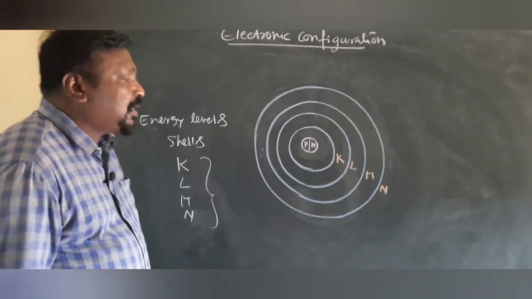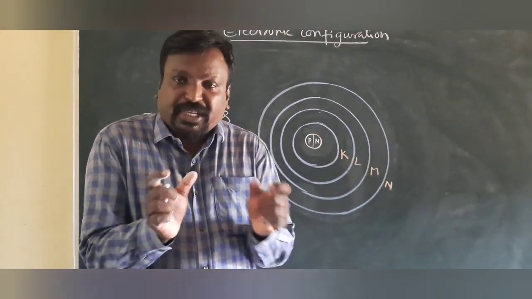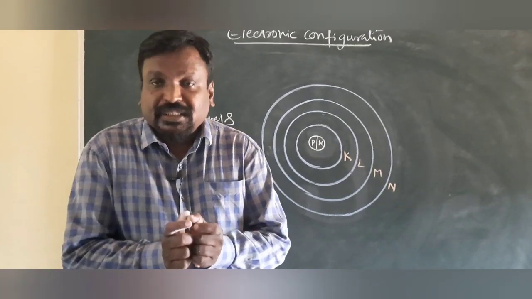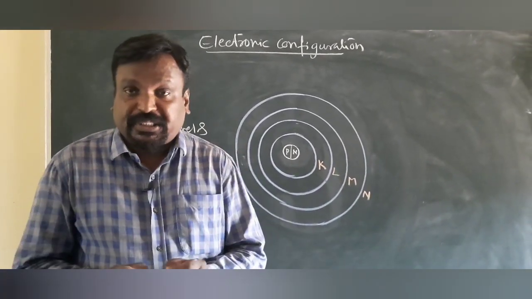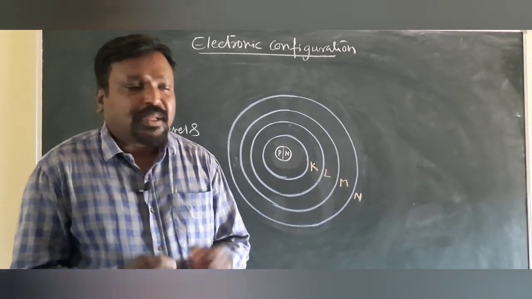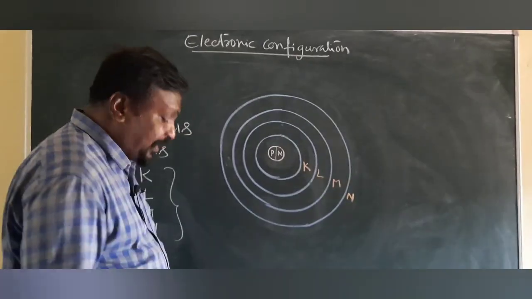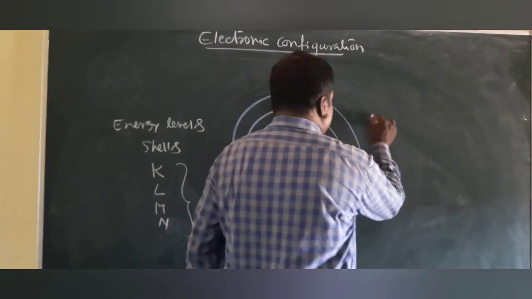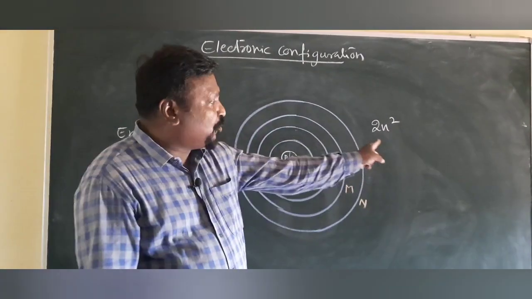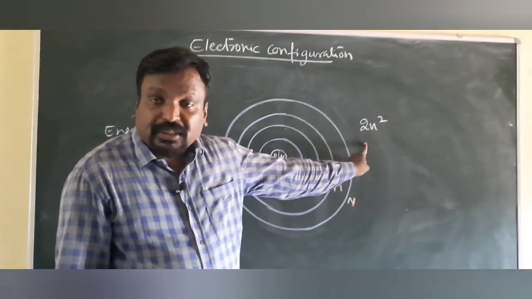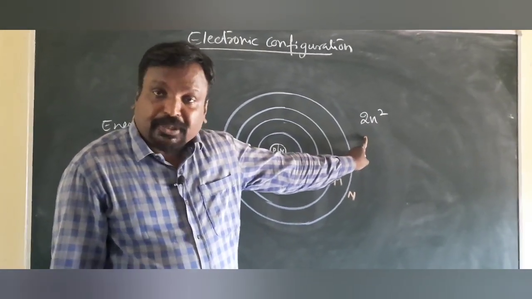Now, if you take any shell, there is a maximum number of electrons which get accommodated in a particular shell. The maximum number of electrons in a shell is given by the equation 2n square. So, this is the formula to find out the maximum number of electrons in a particular shell.